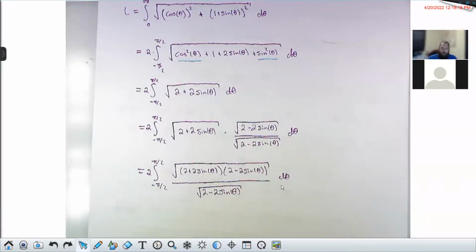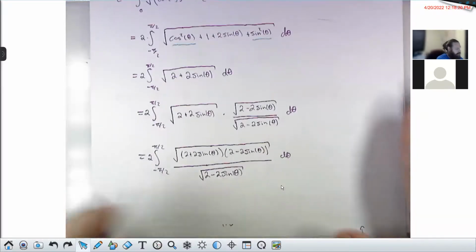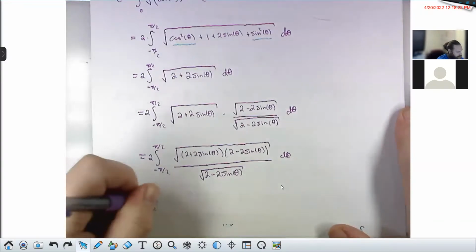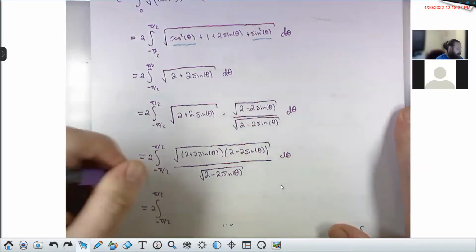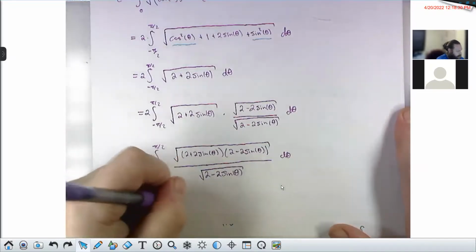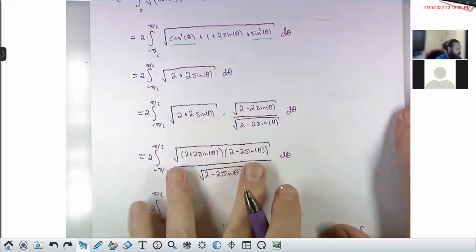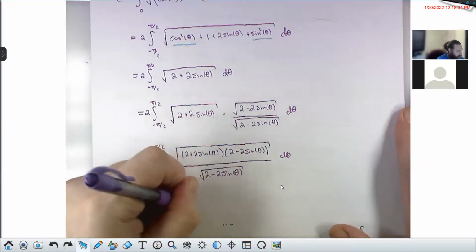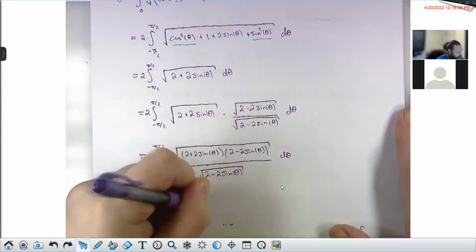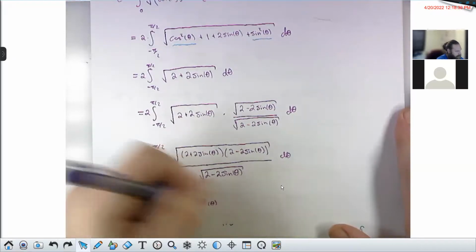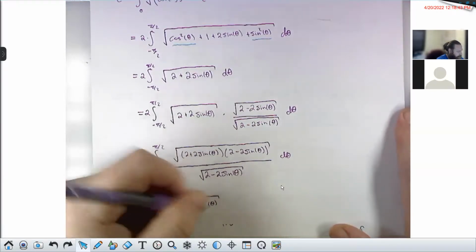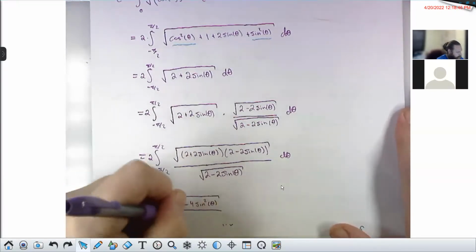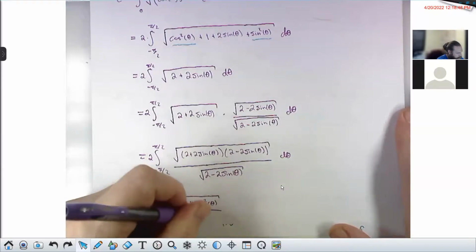This is the move, because when you multiply by the conjugate, that numerator is going to become very nice. 2 times 2 is 4, plus 4 sine theta minus 4 sine theta, 0. And then the last term is minus 4 sine squared theta. Downstairs, we still have the square root of 2 minus 2 sine theta.